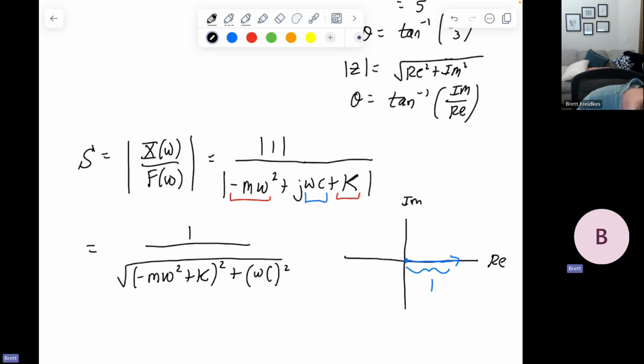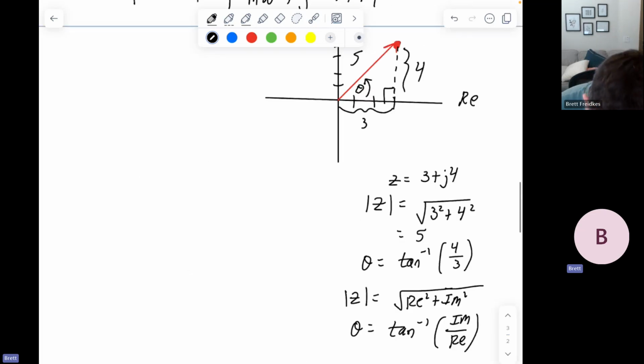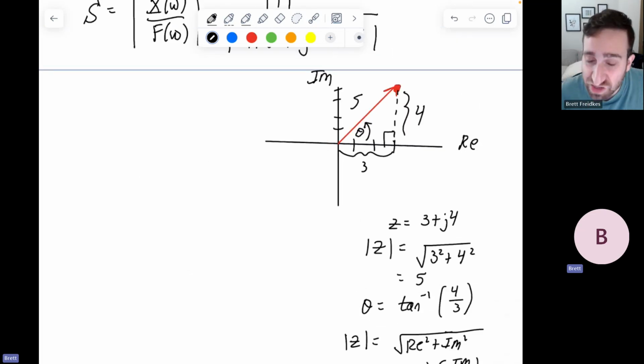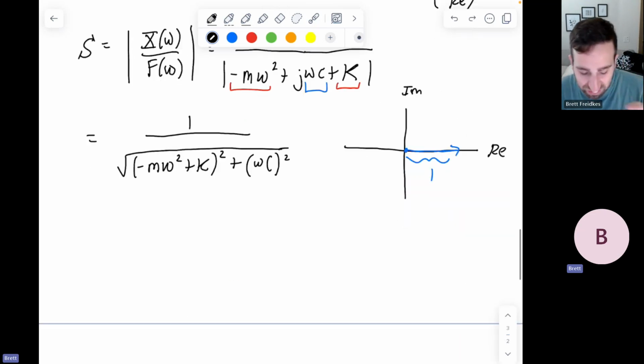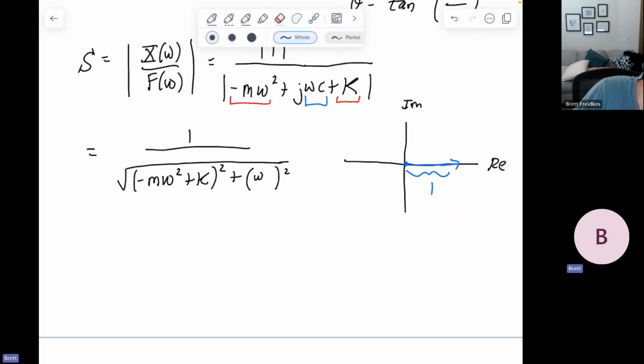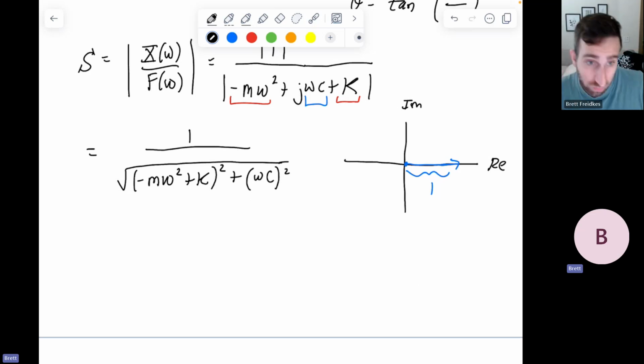Note that the j is not a part of that. The j just tells us that it is imaginary. It's the part that is associated with the j, because you see here, this length is 4 in the j direction. That length is not 4j. That doesn't really make sense physically. We just have to note that, because it'll change things dramatically if you include a j here, because then I'll end up squaring it, and I'll bring a negative 1 and so on and so forth, and that's a problem.